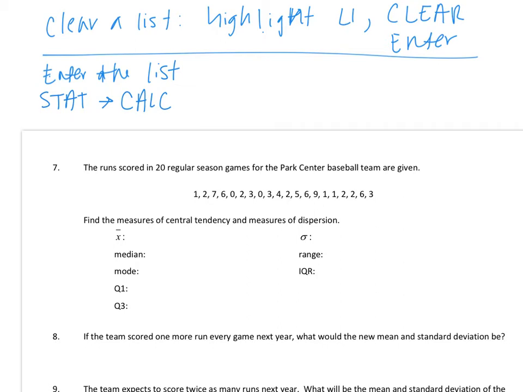So it's that one variable stats, and then make sure it says list 1 or whatever list you put the numbers in, and then go down to calculate. And a lot of this stuff should come up.